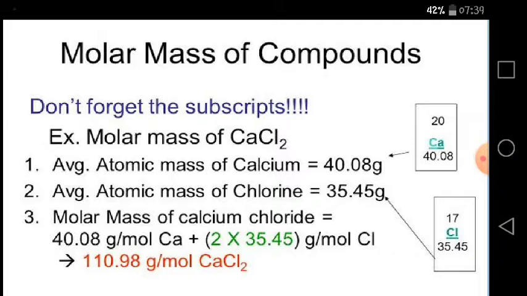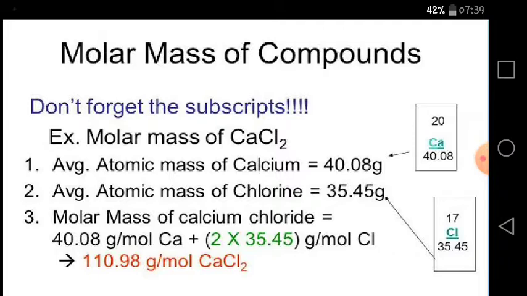First of all, we take the atomic mass of calcium, that is 40.08, and secondly we take the atomic mass of chlorine, that is 35.45. If we combine these two masses according to the calcium chloride formula, then we get 110.98 for calcium chloride.